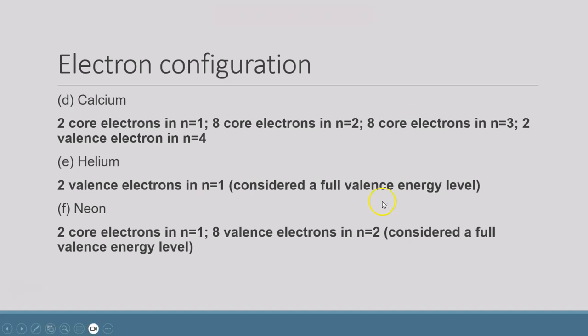So there's a bit of a difference in the definition of valence versus core when it comes to noble gases. Noble gases do have core electrons in any filled inner energy levels, but even though their outermost energy level is full, we still consider those valence electrons, not core electrons, and specifically a full valence energy level.